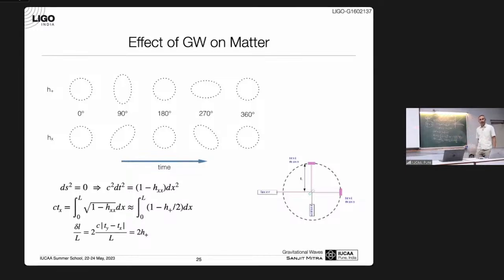But the change would be small only, right? No, but everything is small. This whole change is small. Here, when we are saying that this h plus is nearly constant, that is a different question. But essentially, the change is going to be small.